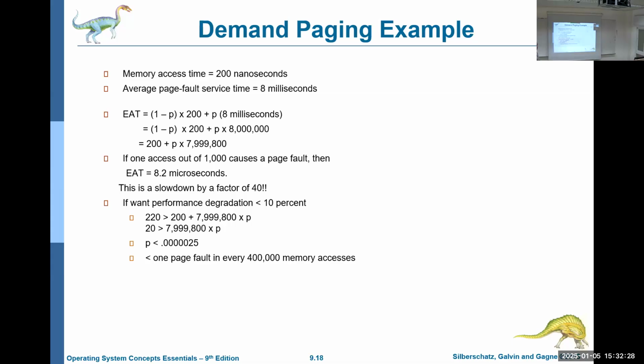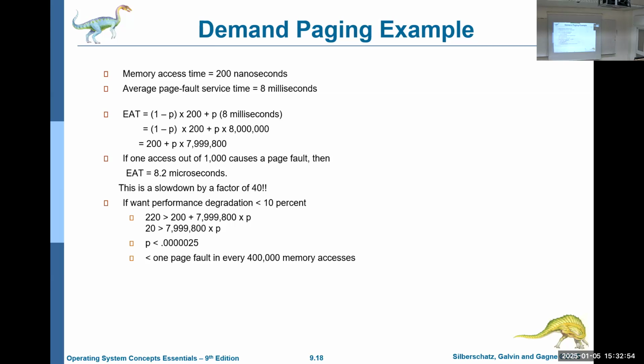A microsecond is a millionth of a second. A nanosecond is a billionth of a second. It's very little. So 200 nanoseconds is less than a millionth of a second, a fifth of a millionth of a second.